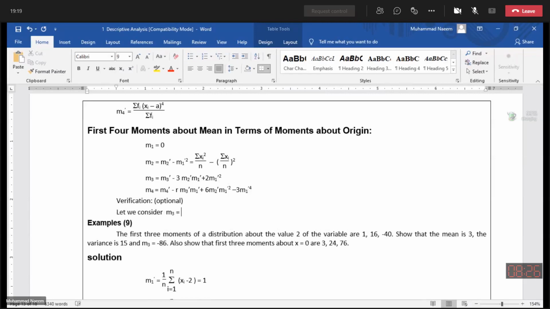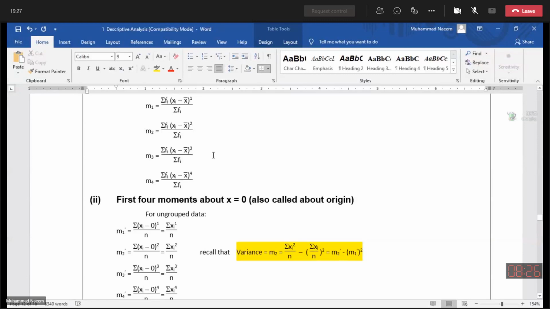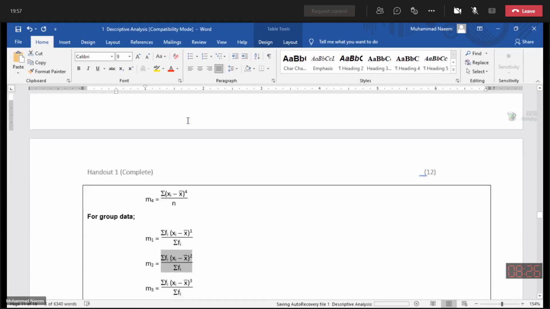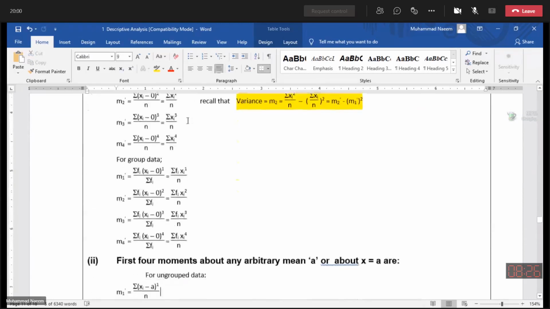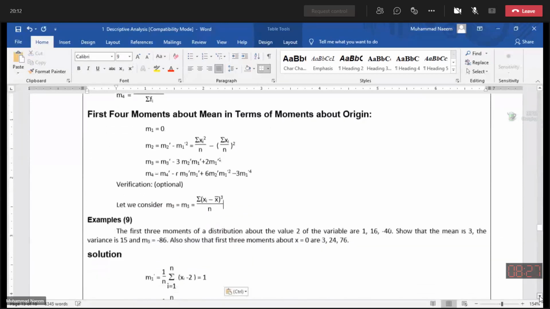M3. M3 by definition we know M3 is by definition. Now we need to expand this cube.